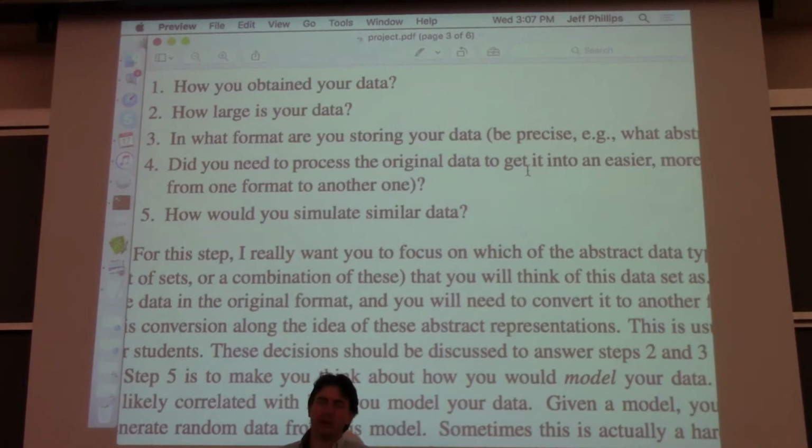If you don't know how to answer this one yet, some of this we haven't covered in class. If you're dealing with graph data, this is still kind of challenging. You want to generate a large graph that looks like a social network, for instance. People have studied large random graphs that you could generate in mathematics for a long time, but typically they assumed each edge was equally likely to exist in the graph.